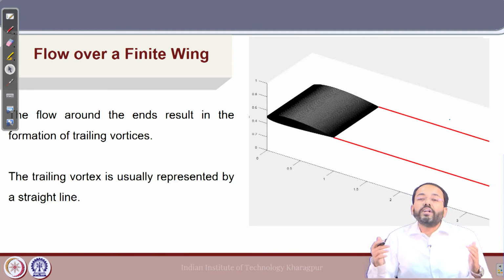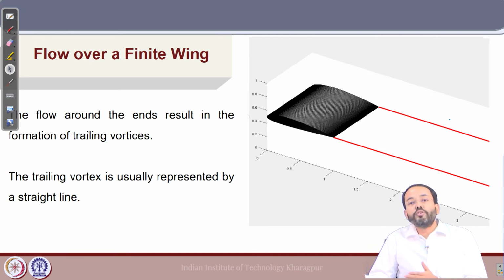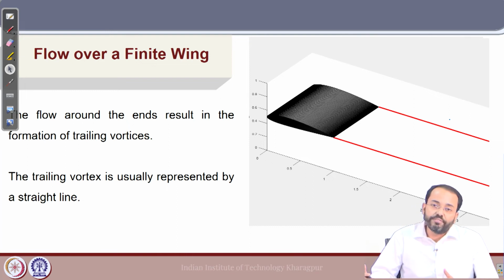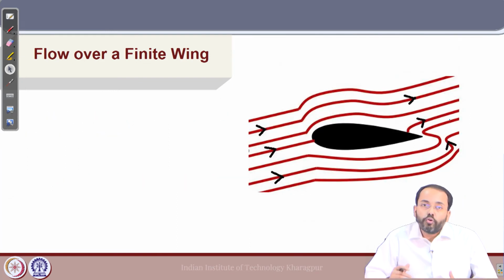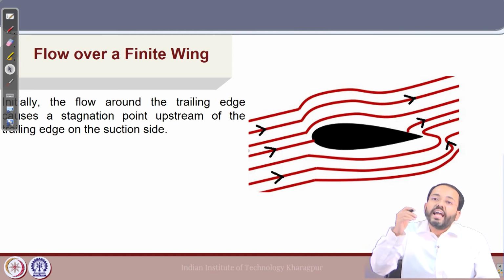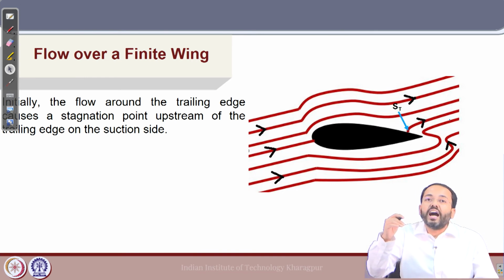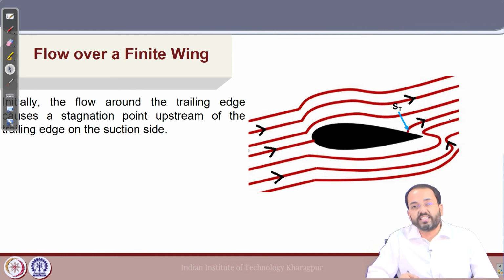The trailing vortex sheets are generally represented simply with straight lines from the two ends of the span of a finite airfoil. When we look at the flow over a foil section, initially, due to the effect of the pressure side flow, the flow moves around the trailing edge and creates a stagnation point slightly upstream of the trailing edge on the suction side.